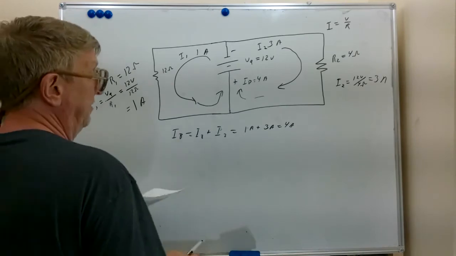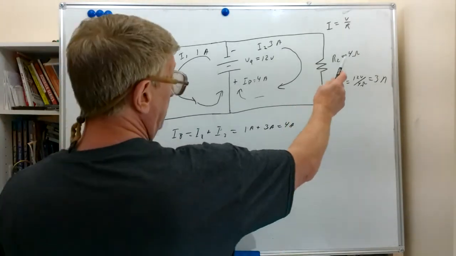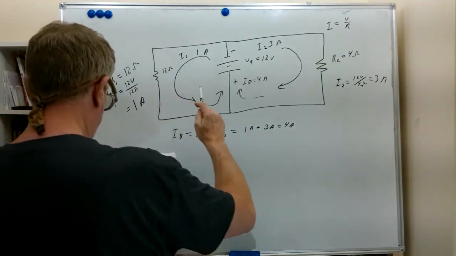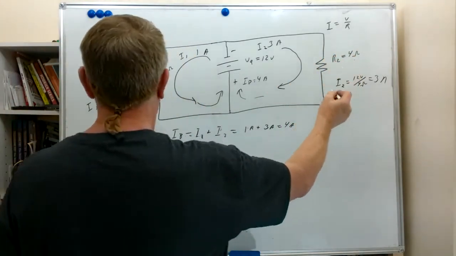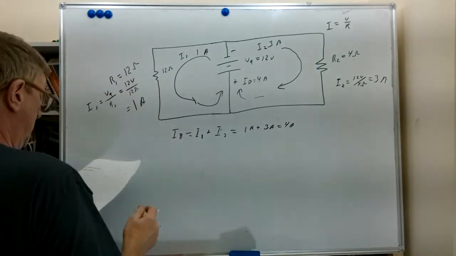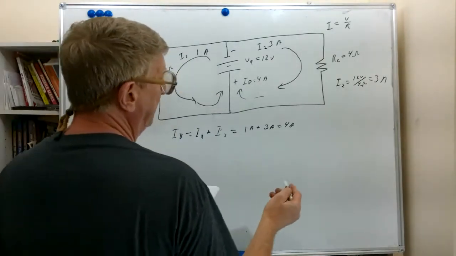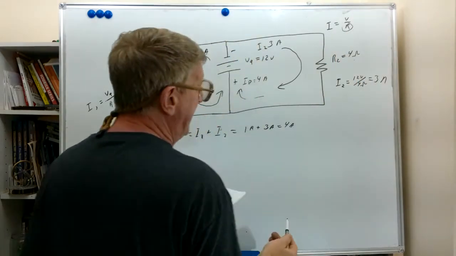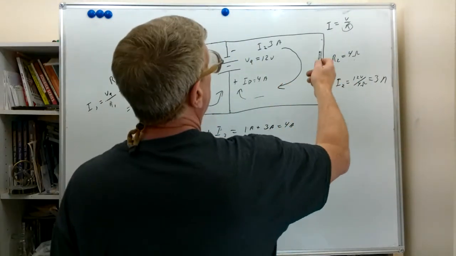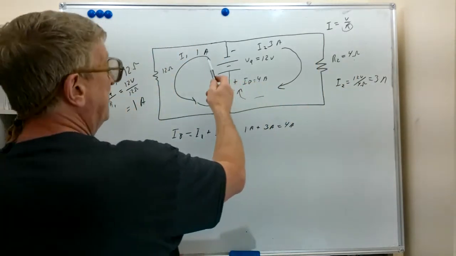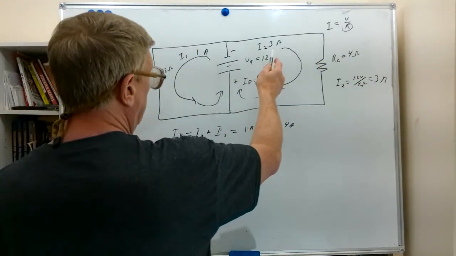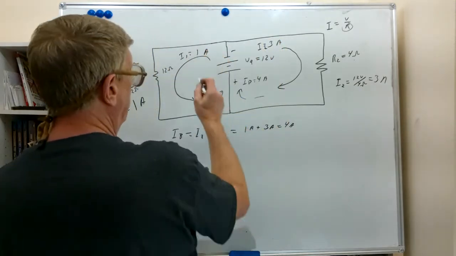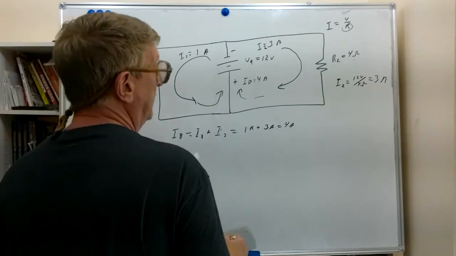Now we've noticed here that R2 was a lesser resistance than R1. R2 was less resistance than R1. Well, being the resistance falls on the lower half of the fraction, as we decreased the resistance, the current went up. So here you can see that I2 was equal to 3 amps, and that was greater in value than I1.